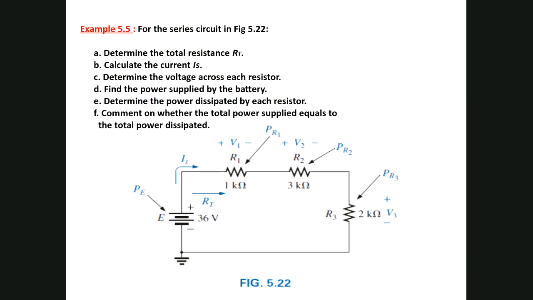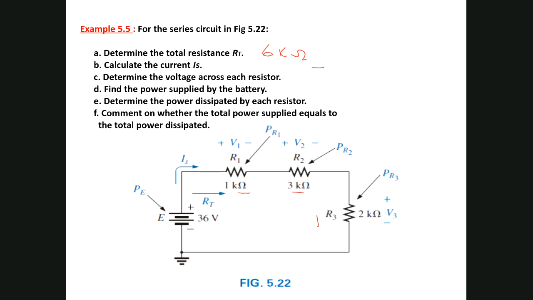I have an example here. A series circuit consists of 3 elements: 1K, 3K, 2K. I need to find the total resistance. What is the total resistance? 1 plus 3 plus 2, which is 6 kilo ohm. Then you need to find the current passing through all by using Ohm's law.